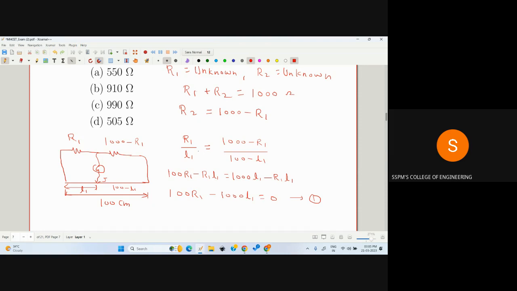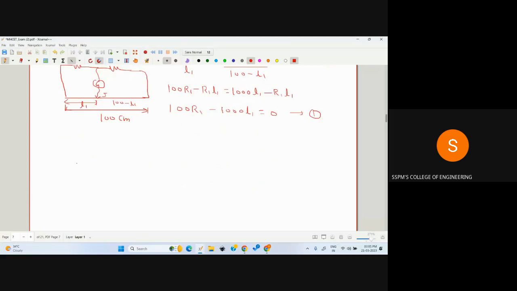The equation number 2 can be obtained with the help of the second condition. Now in the second case, the resistances are interchanged. Now at the left side 1000 minus R1 is connected, and at the right hand side R1 is connected to the meter bridge.